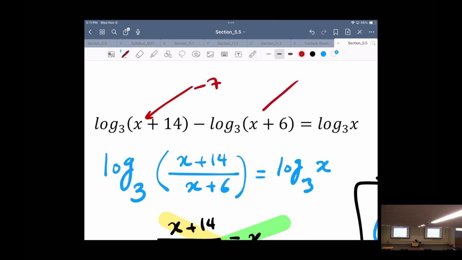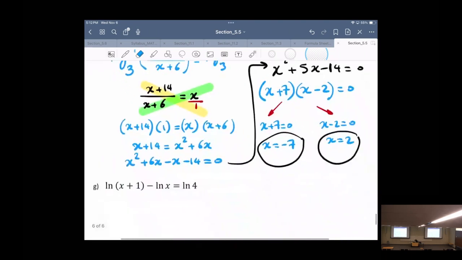But hold on a second, if you put negative 7 here, oops, we get negative 7 plus 6, we get negative 1. That's bad. And if we put negative 7 here, that's bad, because it's undefined. The log of a negative number is undefined. So we can't do that. So negative 7 is out of the question.